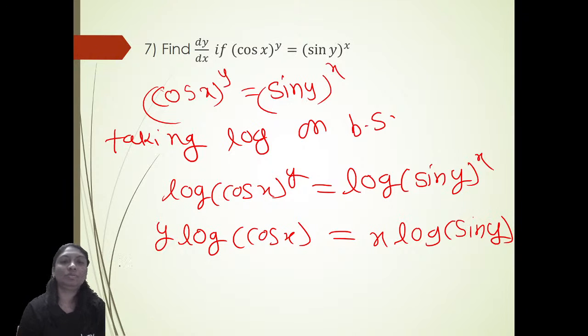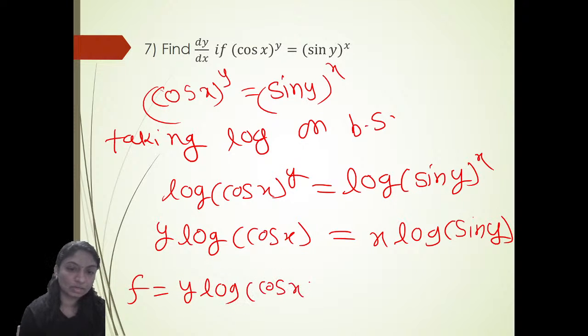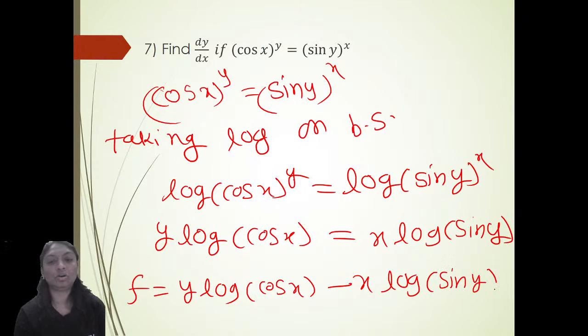So here we will use the u into v rule. For dy by dx, first of all find out f. So f is equal to y log cos x minus x log sin y.